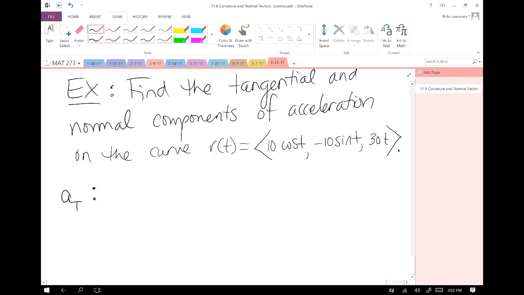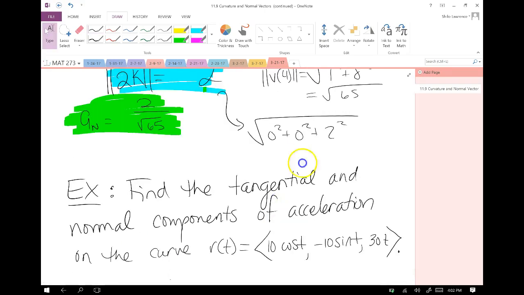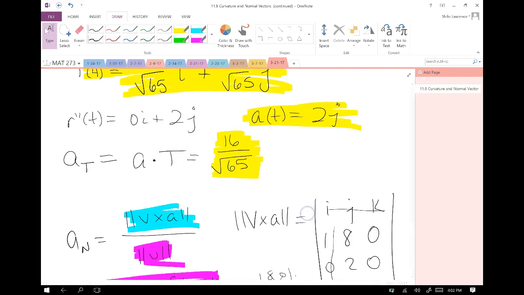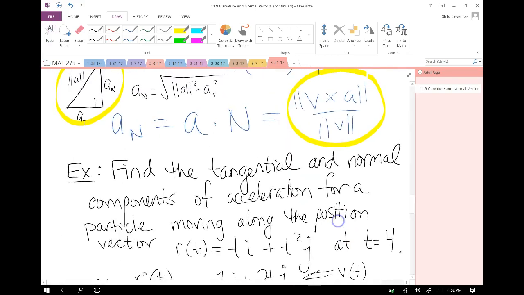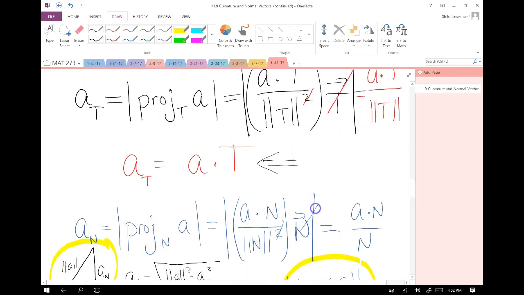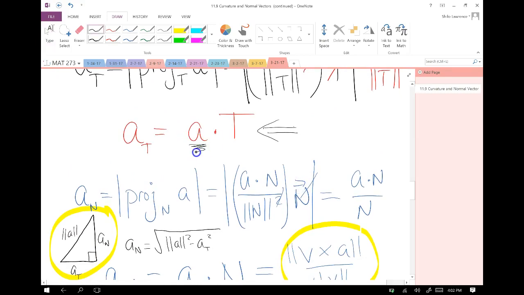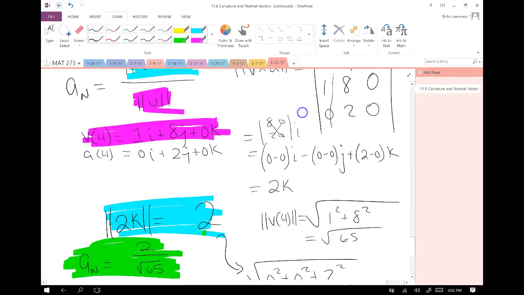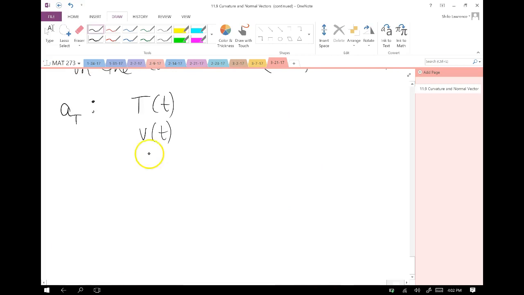We need T of t, and we need V of t, because we need to go from V to A, and we can't get to A without going through V, and then we'll do A dot T.